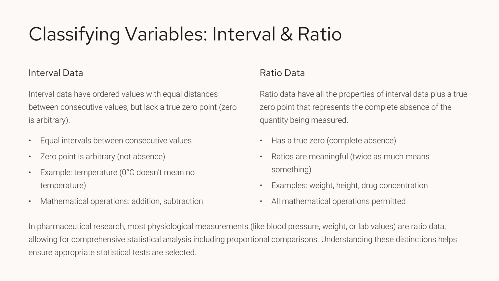It's just a type of temperature. But from 0 to 100, each of the spaces means an equal increase of 1 degree Celsius. In contrast, ratio data is interval data, but it has a true 0 point. So things like all the biological measures we talk about, drug concentration, have a true 0, meaning there's 0 drug concentration. But everywhere, a drug concentration from 0 to 100 has equal spacing on the way up.